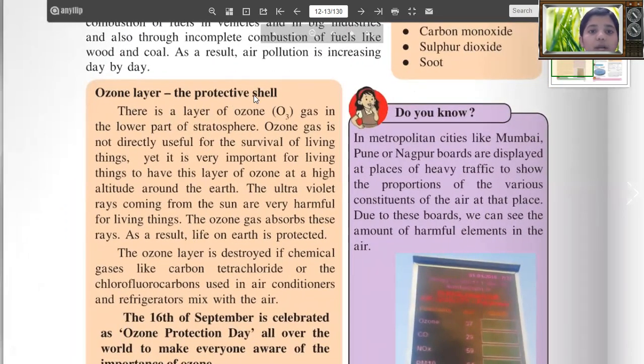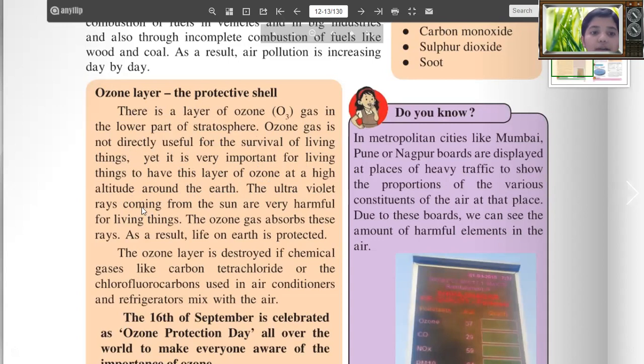Ozone layer, the protective shell. There is a layer of ozone, O3 gas, in the lower part of the stratosphere. Ozone gas is not directly useful for the survival of living things, yet it is very important for living things to have this layer of ozone at a high altitude around the earth.